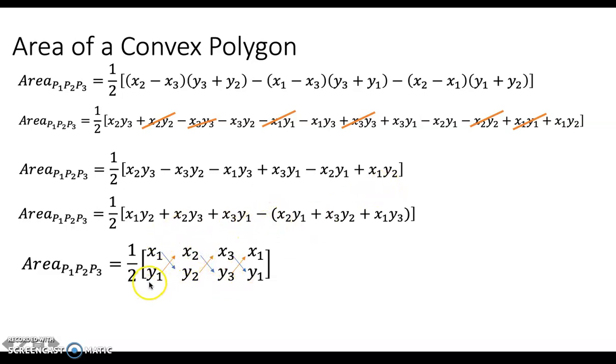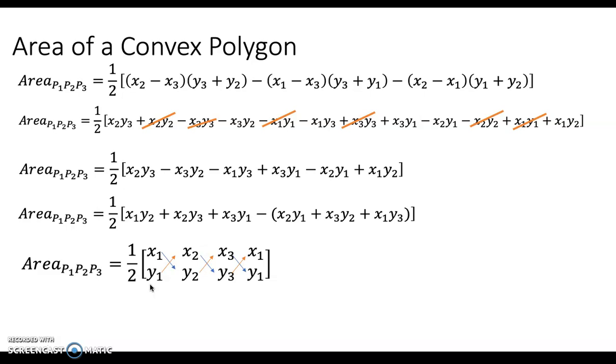X sub 2 y sub 1, x sub 3 y sub 2, x sub 1 y sub 3, which is this. So let's see. Product down, you add them together, minus the sum of all the products of up. Product up. So product down, add all of them, minus the sum of the product up.